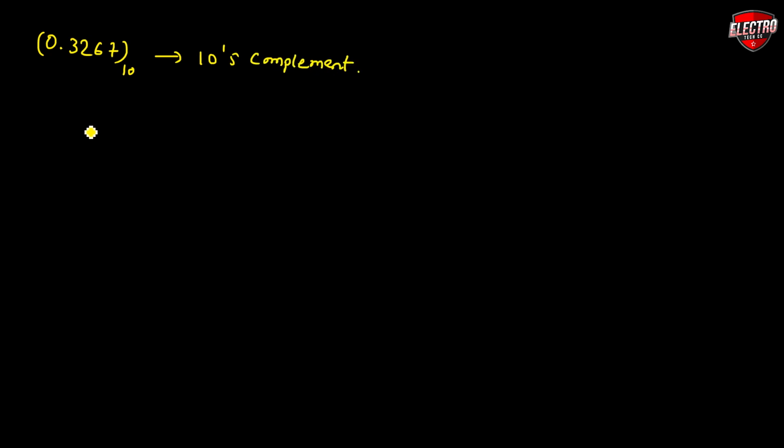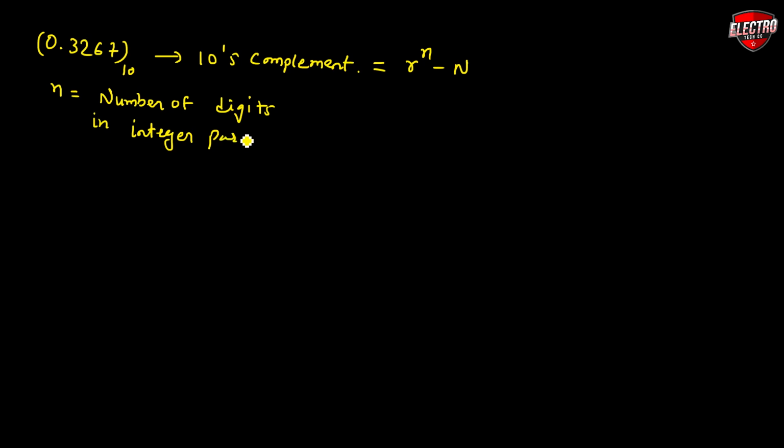To convert into 10's complement, we have the standard equation R raised to n minus capital N, where small n indicates the number of digits in the integer part. The number of digits in the integer part is 0. There is no number in the integer part, so n is equal to 0.